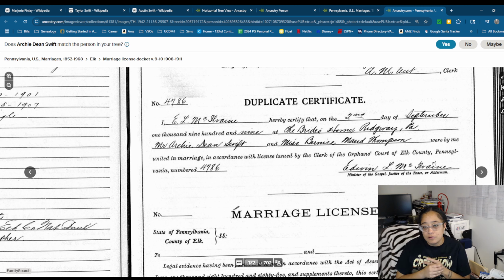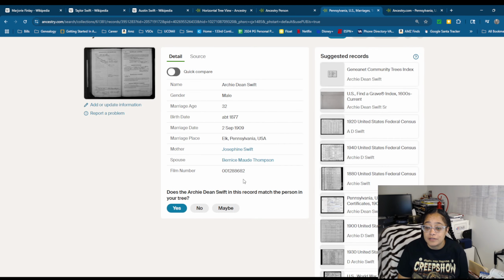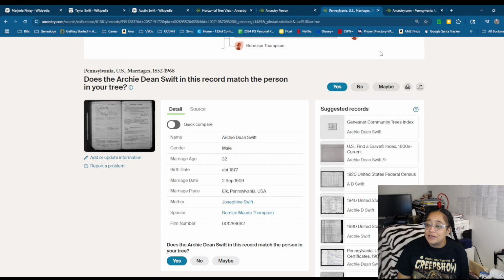So Orphans Court, a lot of states had this back in the day. That's usually what they called anything that had to do with marriage and children was the Orphans Court. It means nothing other than that in this context, basically. So again, all of that looks perfect. It looks like it aligns with what we know about the family. Here, again, the AI or someone who translated this record said Josephine.